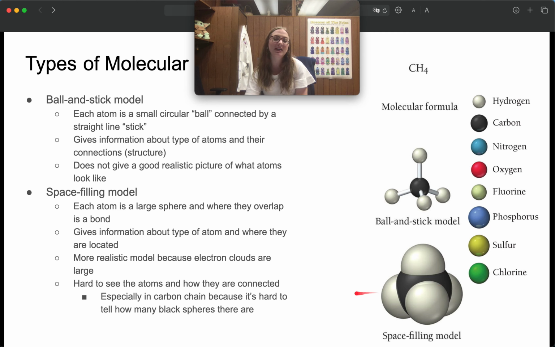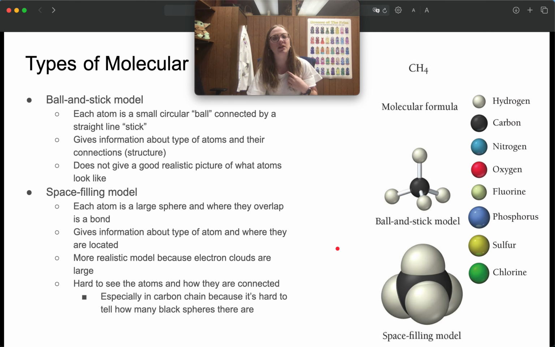But the downfall here is it's hard to see the atoms and how they're connected. If you have a really long carbon chain, with carbon, carbon, carbon, carbon, carbon, you have lots of overlapping black spheres, which makes it really hard to count how many carbons you have.